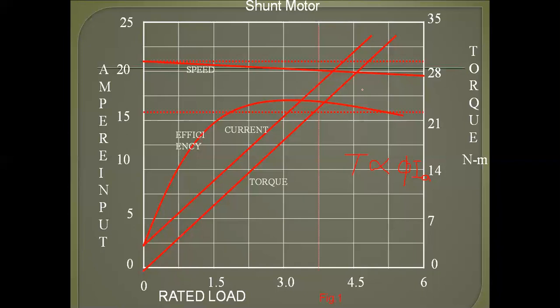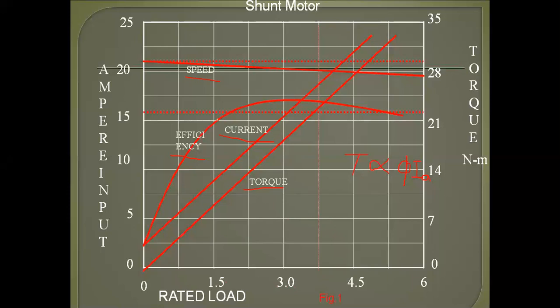The four important characteristics of DC shunt motors, namely torque, speed, armature current, and efficiency, each plotted against the useful output power, are shown in this slide. These curves are also known as performance curves of a DC shunt motor.